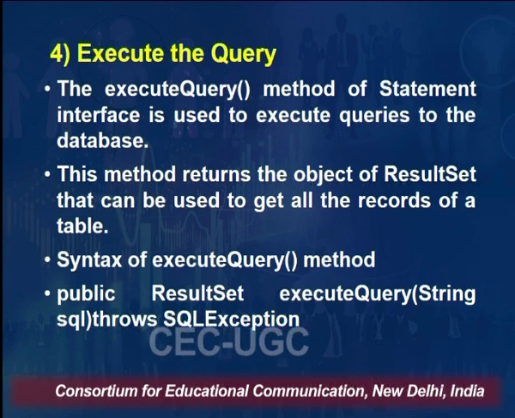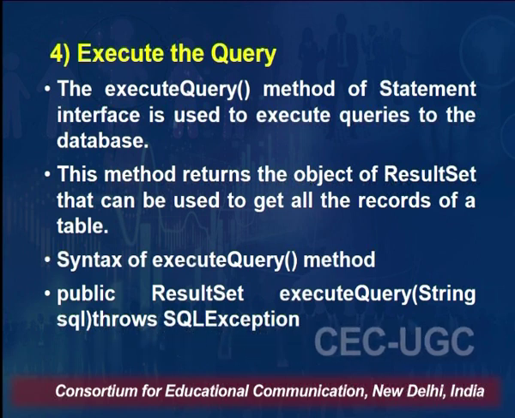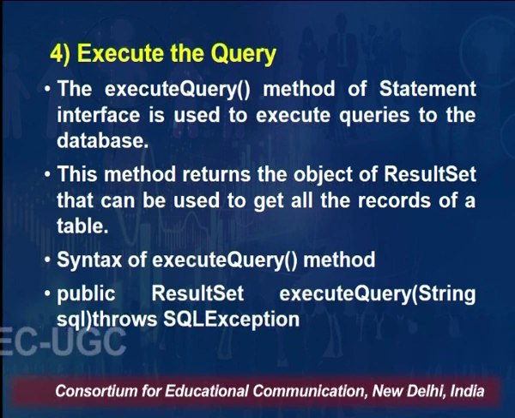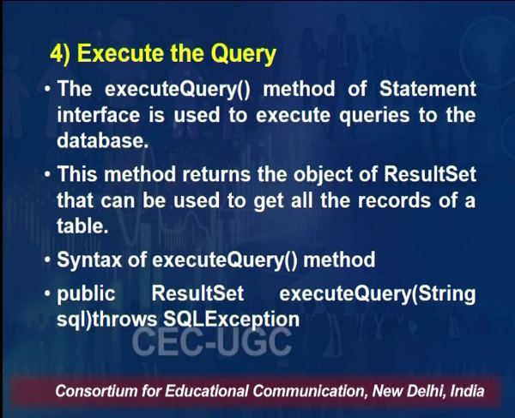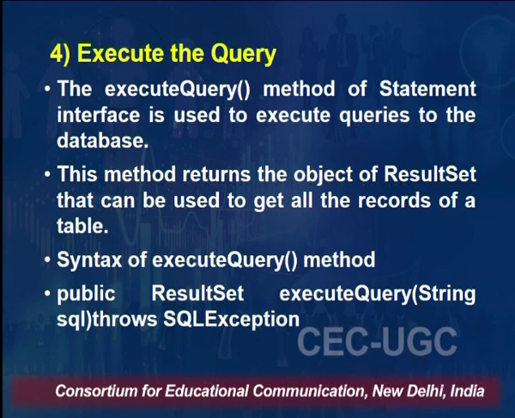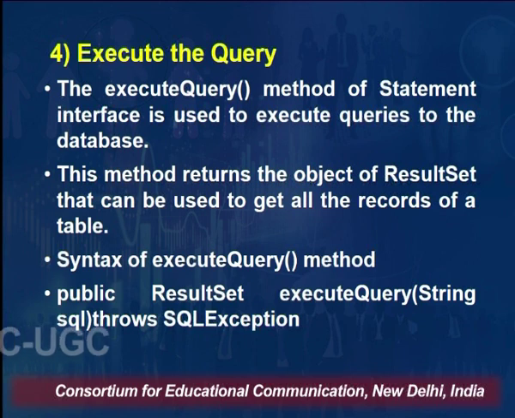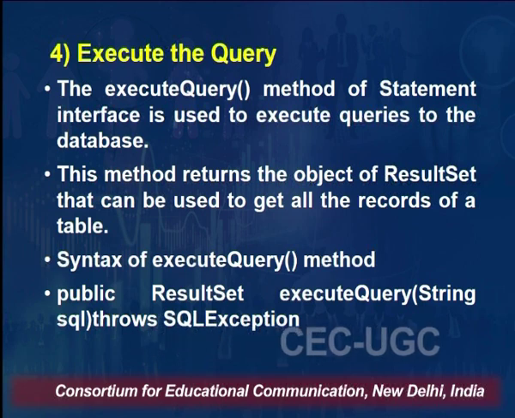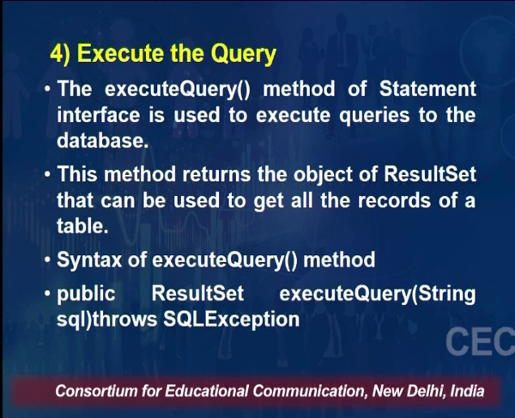This method returns the object of the ResultSet. So, the ResultSet is returned in the form of an object, as I have already discussed, and this ResultSet object can be used to get all the records of the table, and it can be used as an iterator. The syntax of the executeQuery method goes like this. This executeQuery method is going to return a ResultSet, and it is a public method.